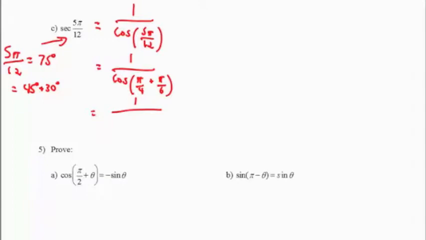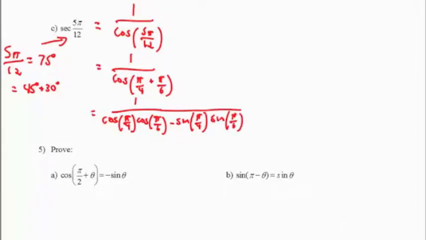Okay, so hopefully you finished off from here, because now we just plug in for 1 over the cosine of pi over 4 plus pi over 6, and put in 1 over, it's going to get ugly, the cosine of pi over 4 times the cosine of pi over 6, subtract the sine of pi over 4 times the sine of pi over 6.